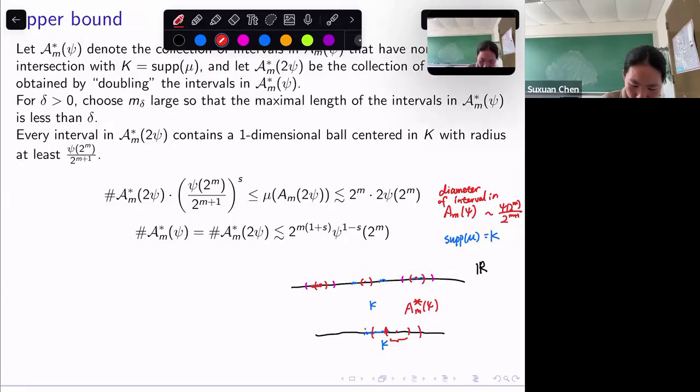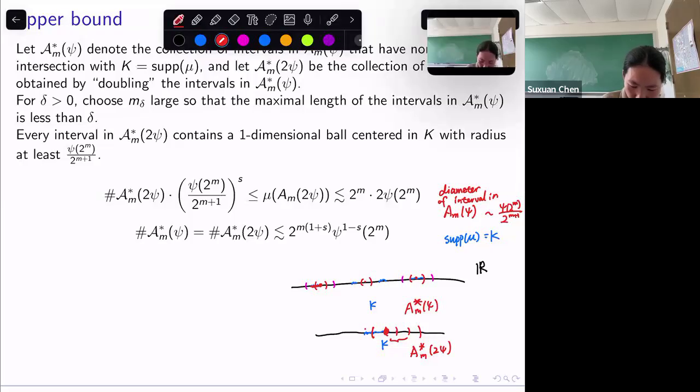Now we view this point as the center. So the one-dimensional ball centered at this point is completely contained in AM2 psi, which is the doubled interval.